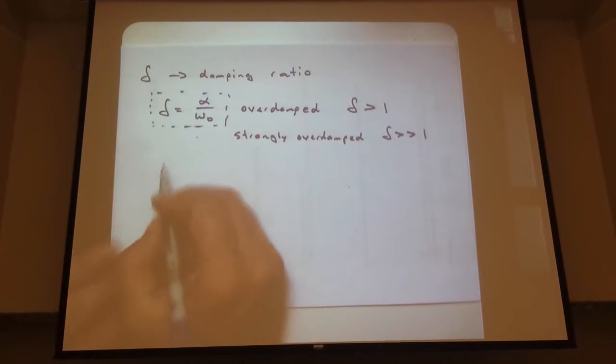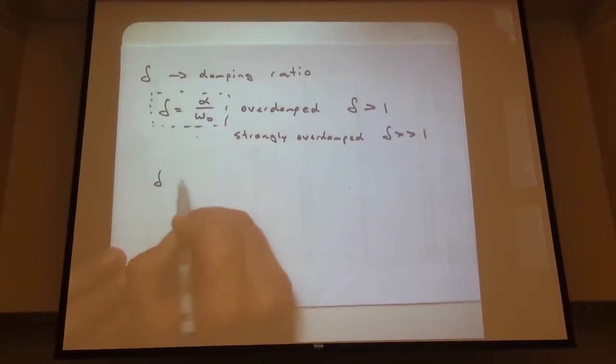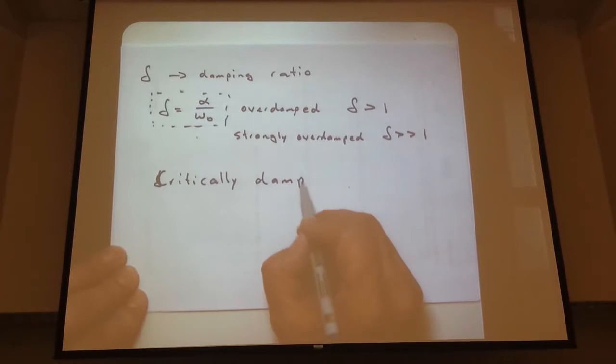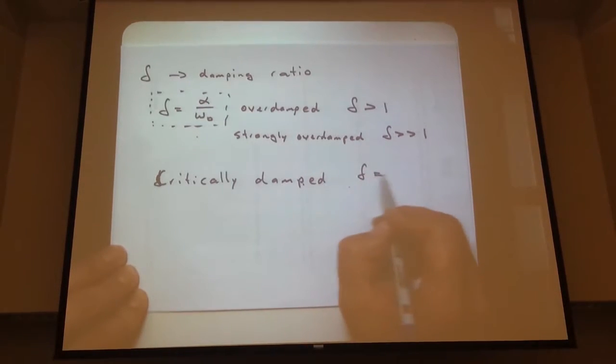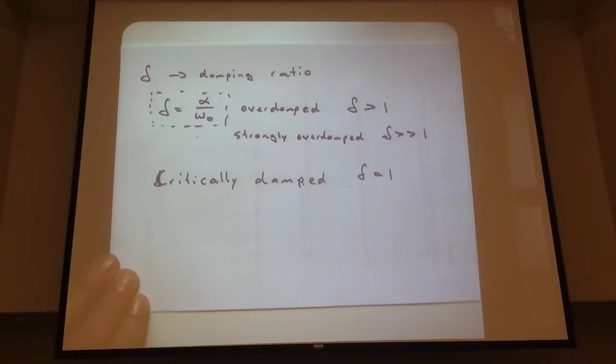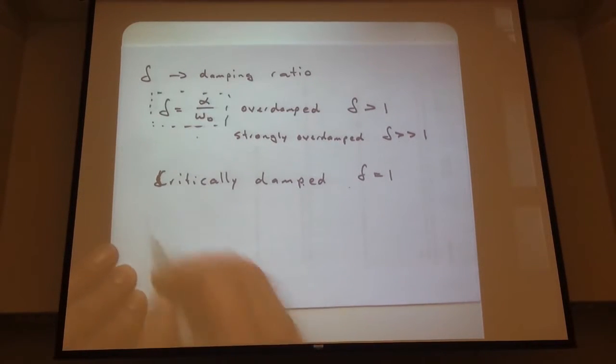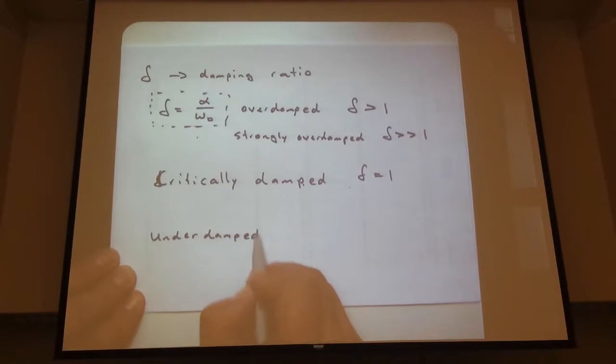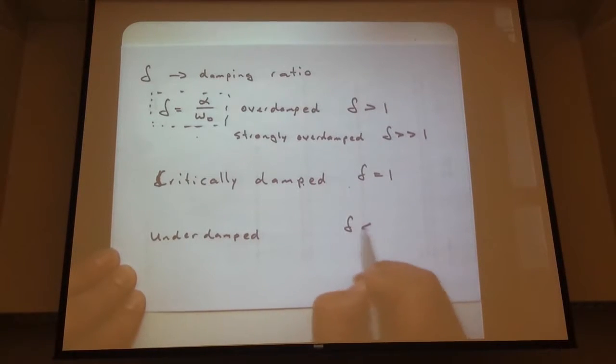And similarly, we could have critically damped, which again is a special case. The damping ratio equals 1. Alpha equals omega naught. Is this potentially a desirable low-pass filter or high-pass filter design? Yeah, maybe. And then underdamped, of course, less than 1.